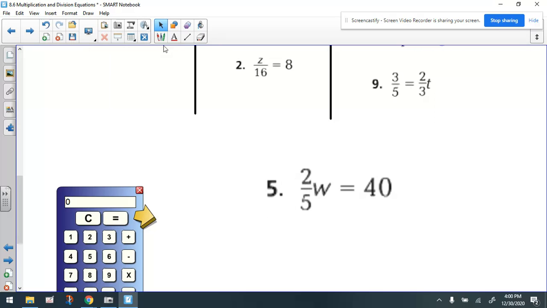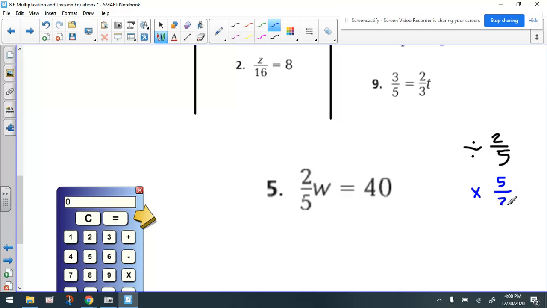The answer is to divide by 2/5. When you divide by 2/5, that's the same thing as multiplying by the reciprocal, which would be 5/2. So that's what we're going to do. We're going to multiply both sides of the equation by this blue value here, which is 5/2.